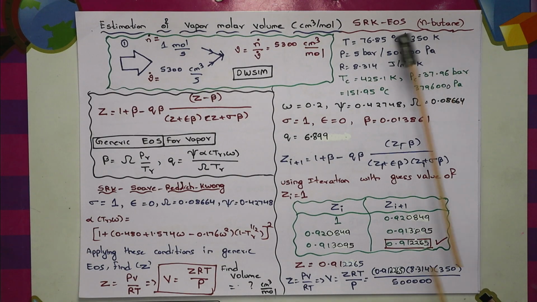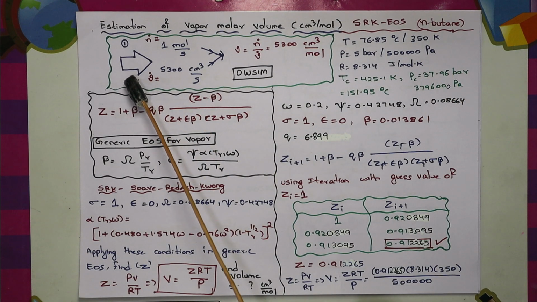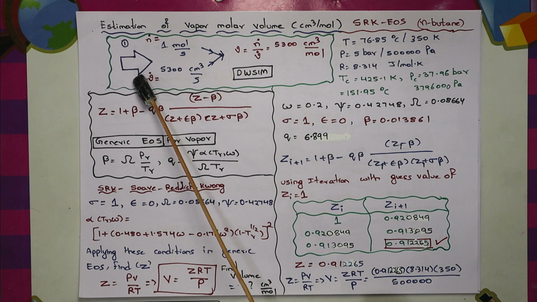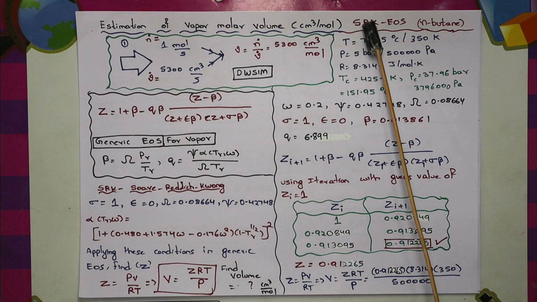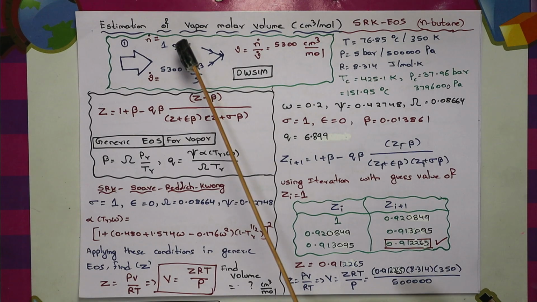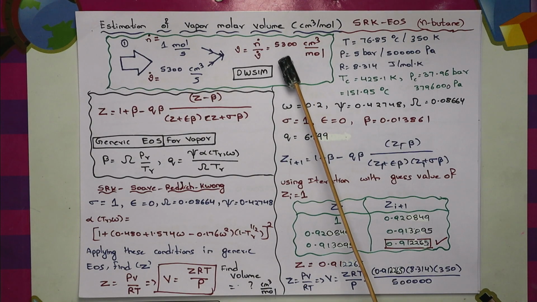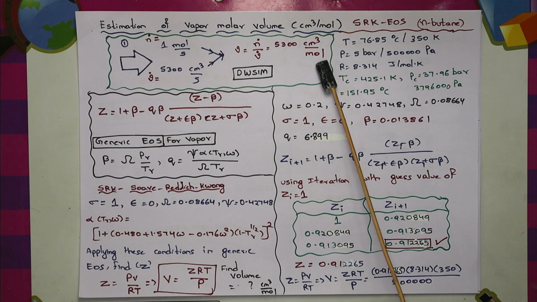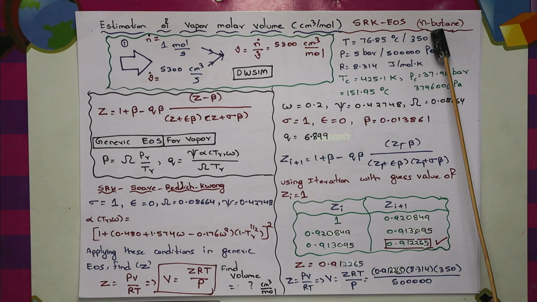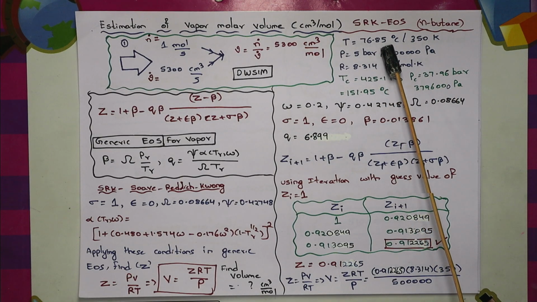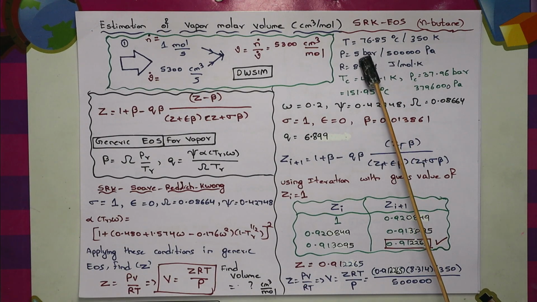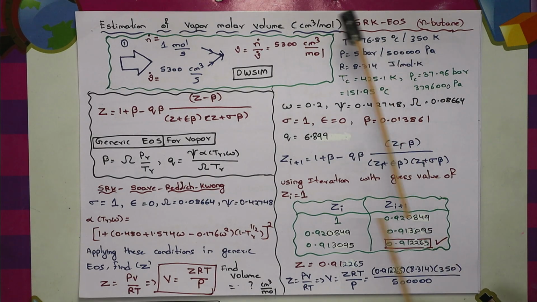So we take a material stream and apply the Soave Redlich Kwong equation of state to find the molar volume, which is around 5300 cubic centimeters per mole. That means n-Butane occupies this volume at 76.85 degrees centigrade and 5 bar. At these conditions we are able to find the volume occupied by this n-Butane gas.